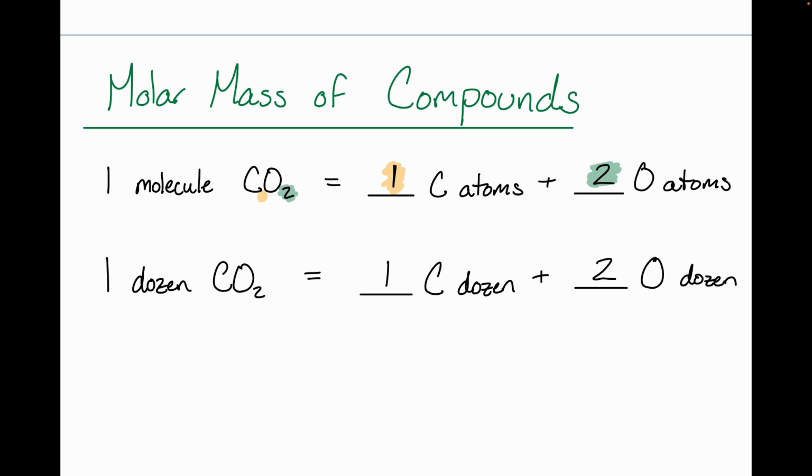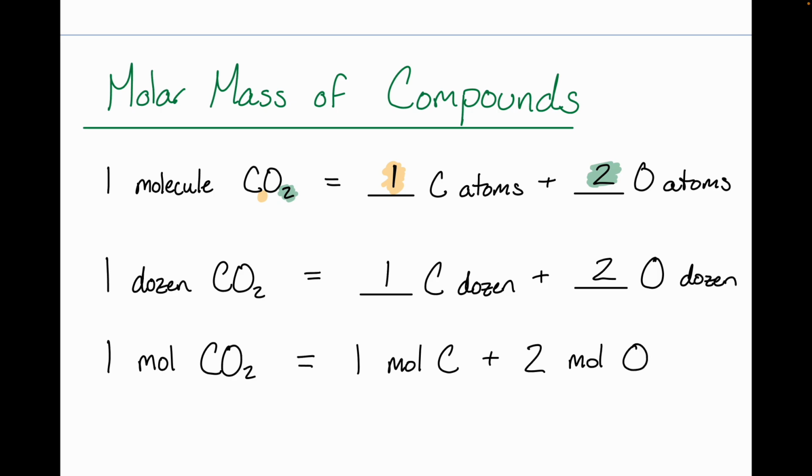Okay? And remember, our analogy here with our mole is just the same as a dozen. It's just specifying a particular amount. So if I have 1 mole of CO2, that means I have 1 mole of carbon and 2 moles of oxygen atoms.